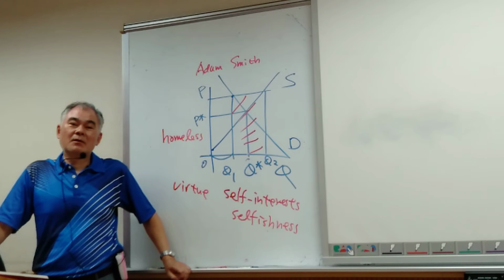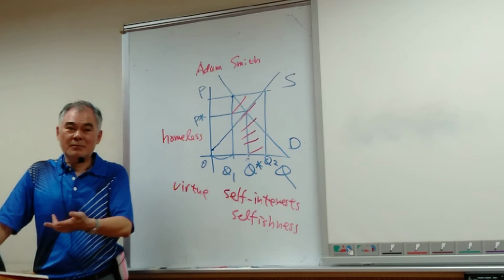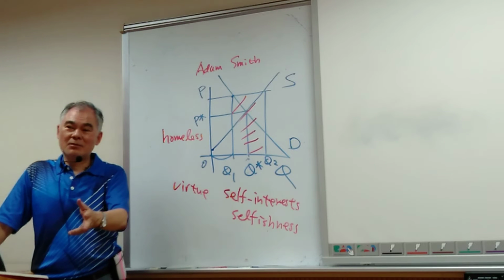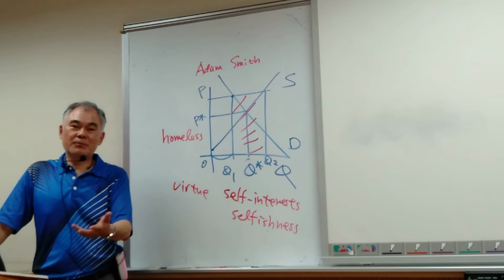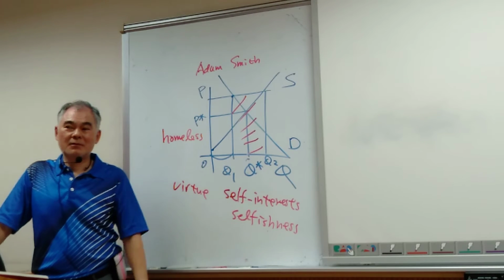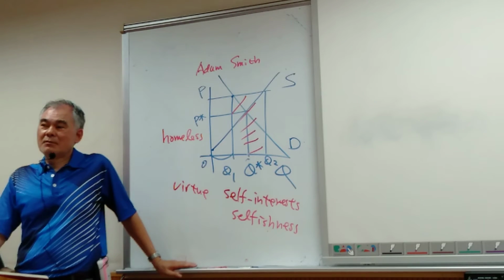Okay, so good is he's kind to people, not selfish, and bad, those guys don't make any effort to get a job, to make money, to support themselves. What else? Lin Yuxiang, what's your opinion?